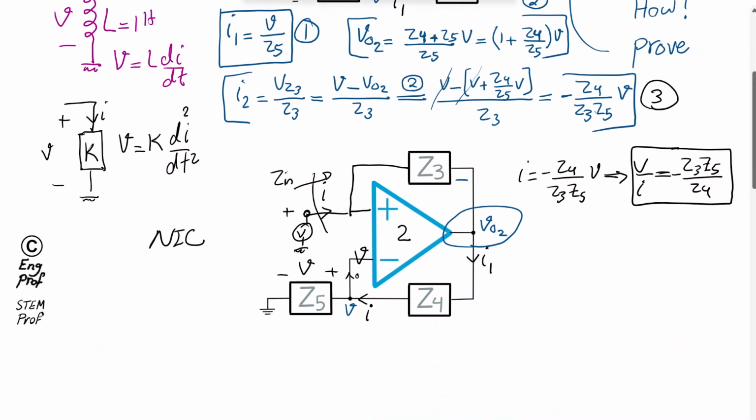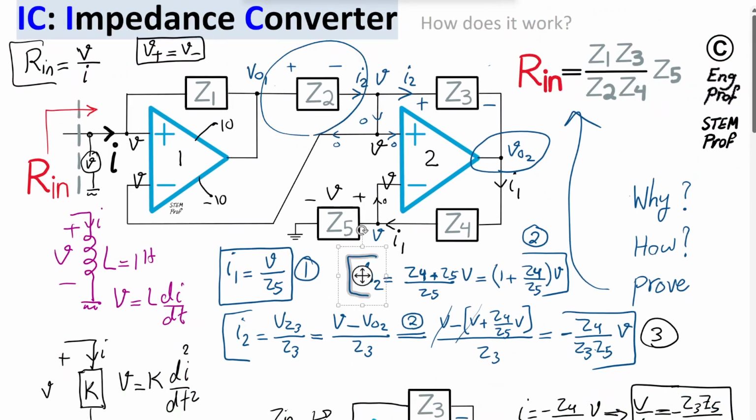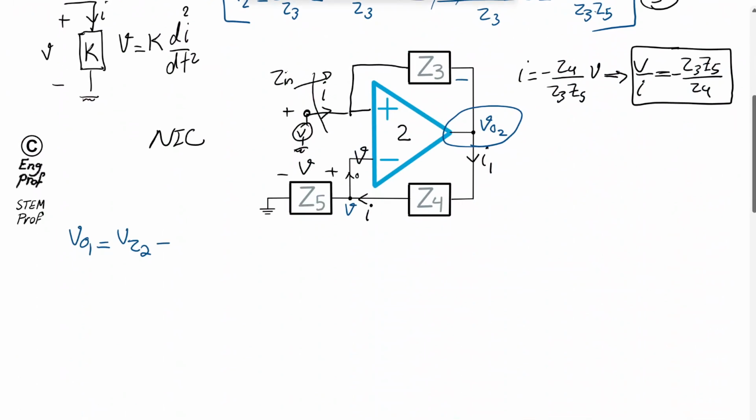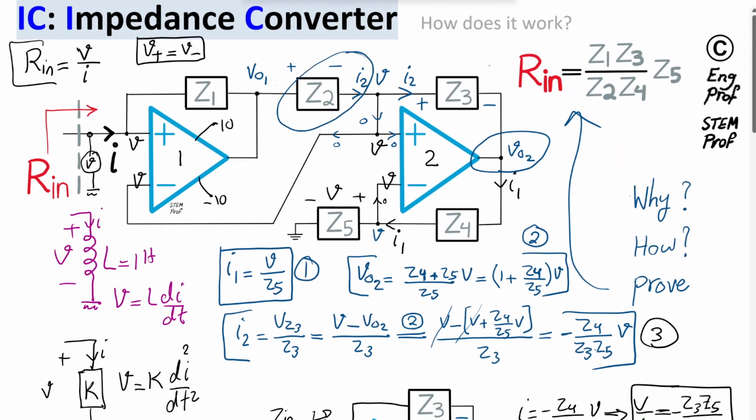So what I'm going to do is V out 1 is equal to voltage drop across Z2 as is shown here. And then we have plus V. So voltage drop across Z2 is just simply Z2 times I2 because that's the current going through Z2.